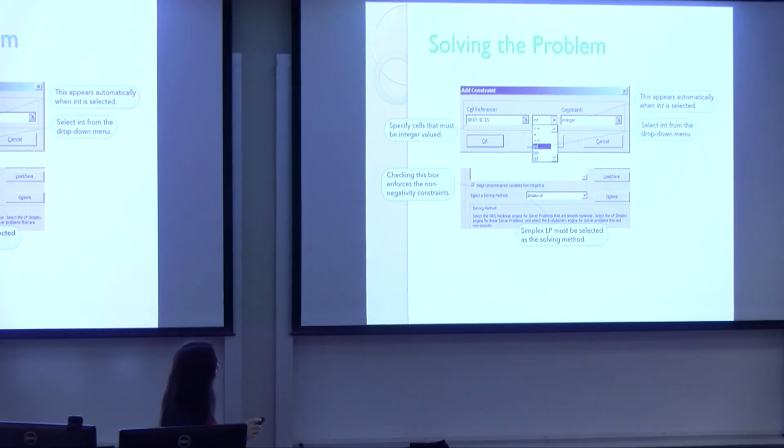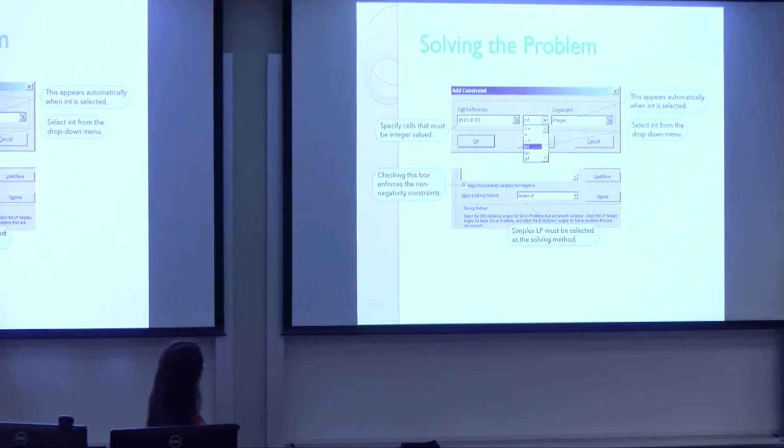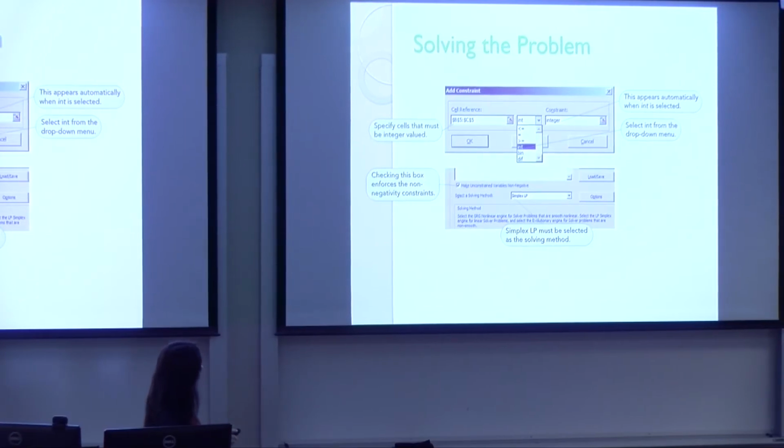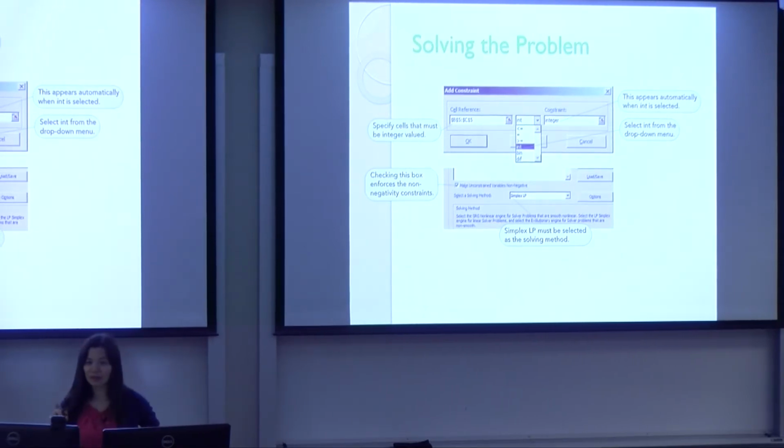So I'm adding another constraint. And here the same, make the unconstrained variables non-negative and still use the simplex LP method. So all the others are the same. The only difference here, when you add the constraint, you need to add this: the decision variable must be integer. That's the only difference, okay?